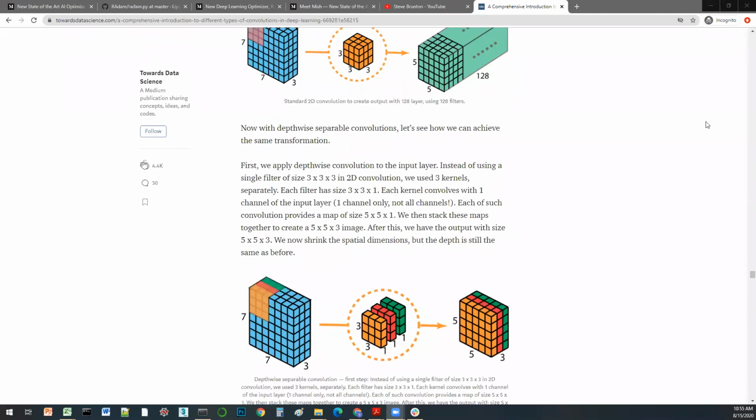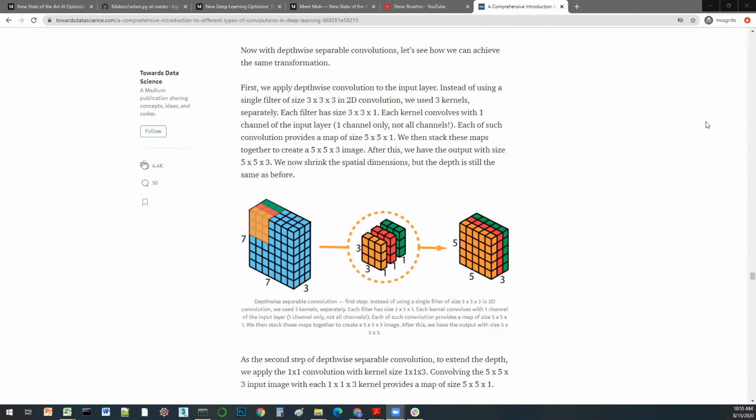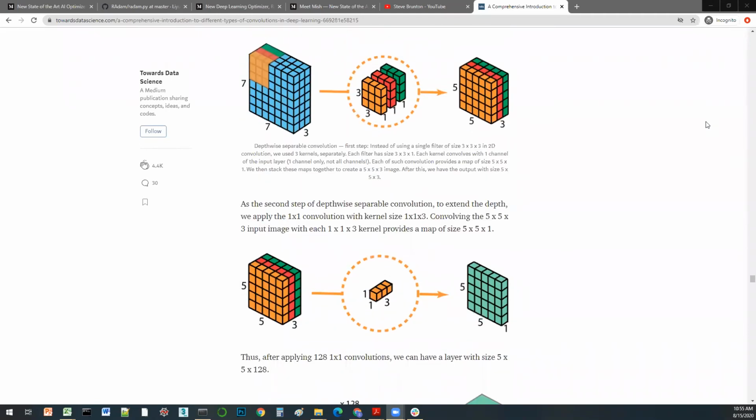With the 5 by 5 by 3 figure, when they concatenate the results, they pass it through a 1x1 convolution to set the number of channels.